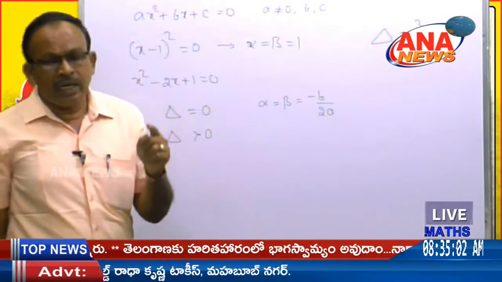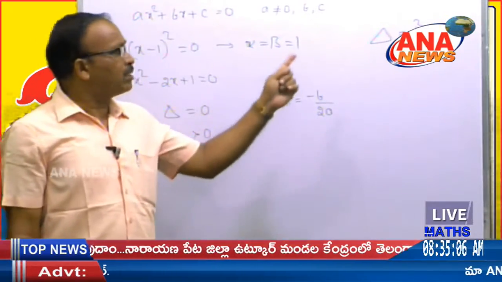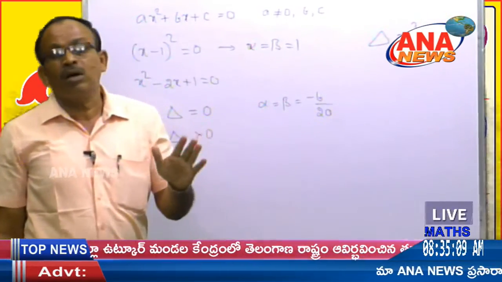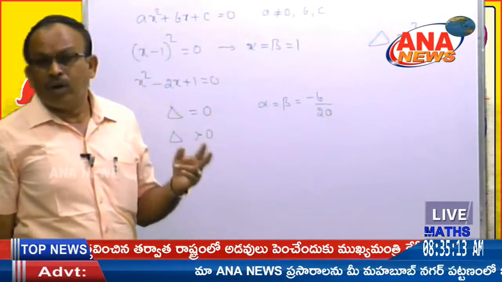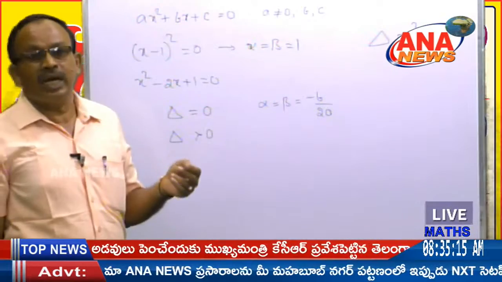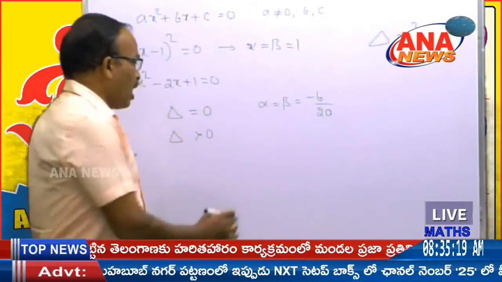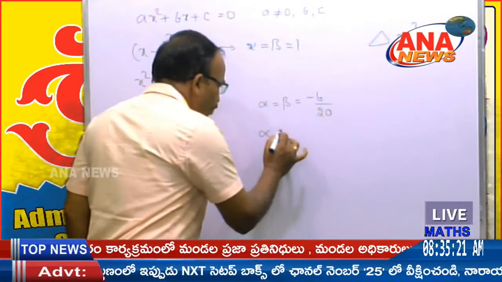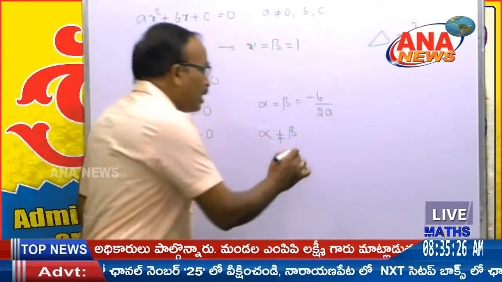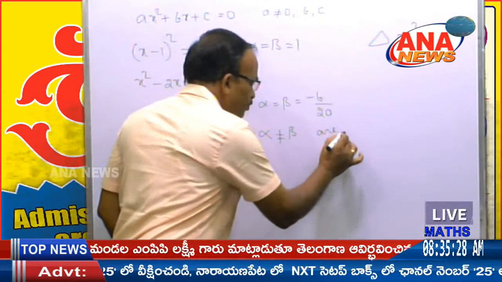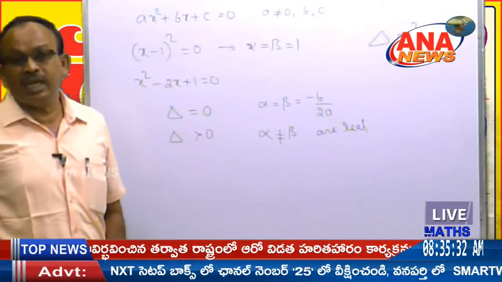Here a is real, b is real, c is also real, so b² − 4ac is also real, because the sum, difference or product of two real numbers is again real. So if delta is greater than 0, then alpha is not equal to beta, but real. That is, distinct real values.